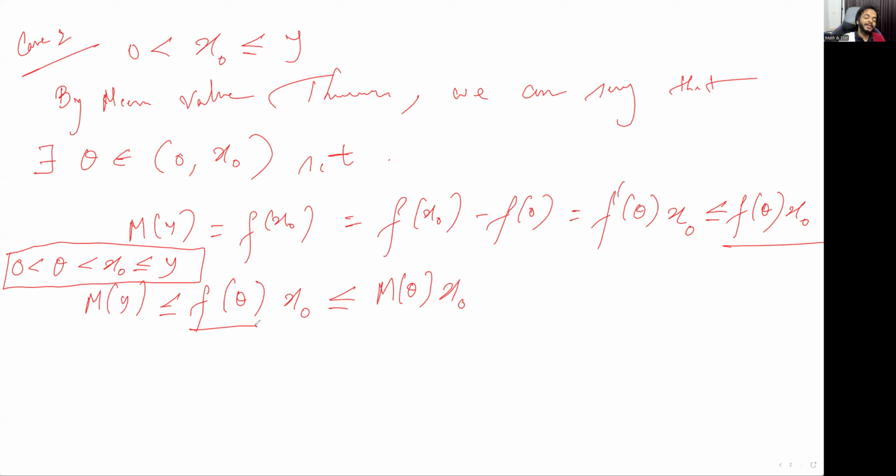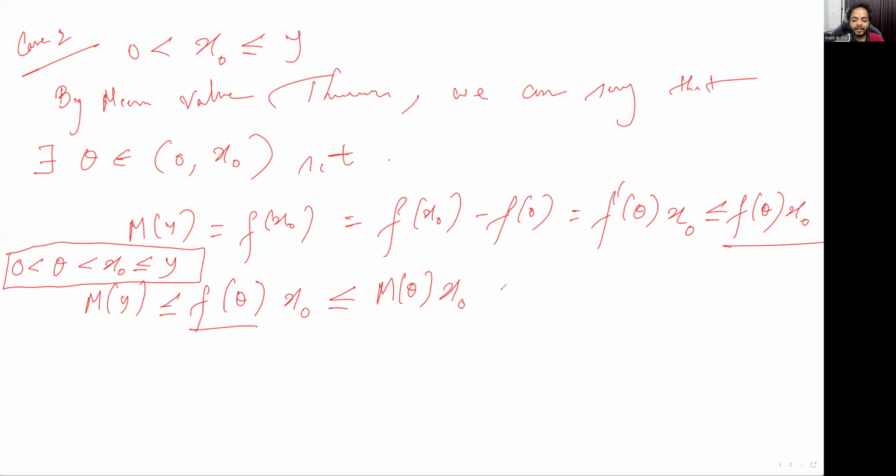So m of theta is basically the maximum value of the function in the closed and bounded interval 0 to theta, right? So whatever the value of f of theta, that will be less than or equal to the maximum value that the function is taking in the closed and bounded interval 0 to theta. So that's why I can say that f of theta times x naught is less than or equal to m of theta times x naught.